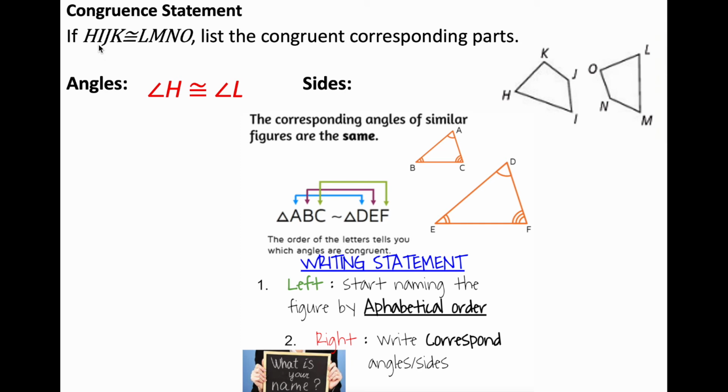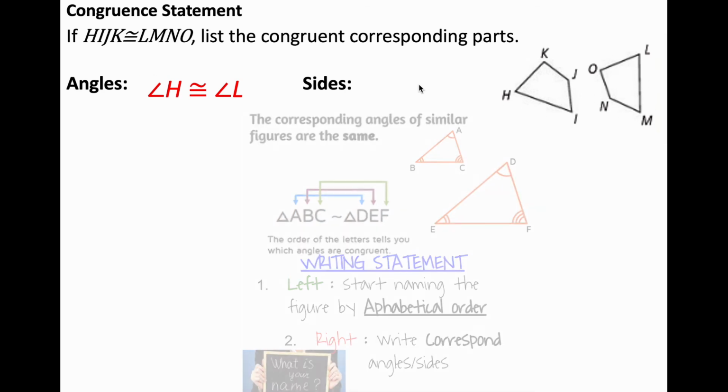Now I'm going to go in order so that I don't miss any angle. Angle I, of course, is going to be corresponding or matching with the second letter on the right-hand side figure, angle M. And if you are looking at the drawings on the right-hand side here, you might see that it's turned and it might be a little bit harder, maybe not so hard.